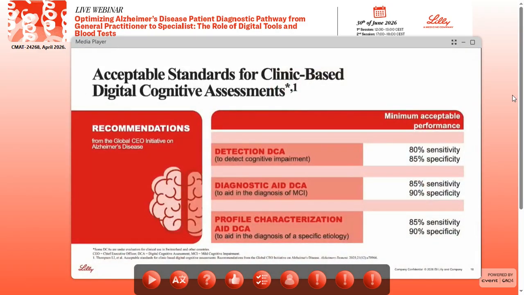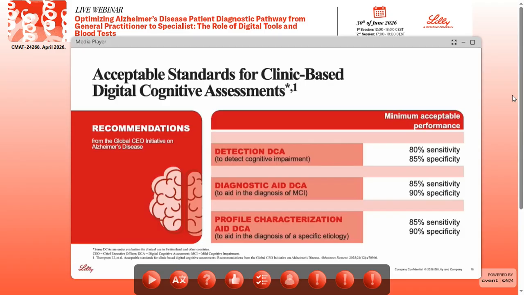With new technologies, and that's always the case, the same for digital technologies and also for blood-based biomarkers, when you bring them into healthcare, you need to define acceptable standards. And there are, fortunately, international working groups working on these standards.